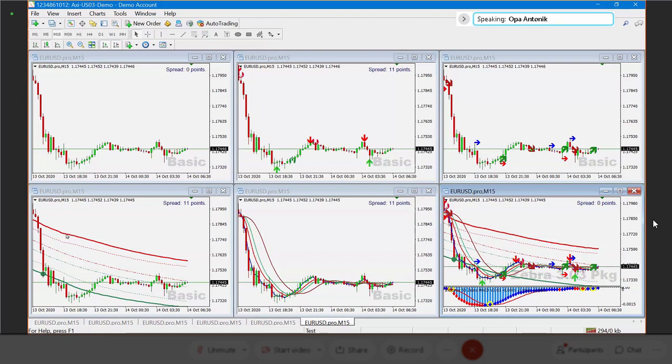Here we see the 15-minute channel has been put on this one. I know that there is a channel dot that came in back here, just prior to the alert, so we have that opportunity to take a trade there.